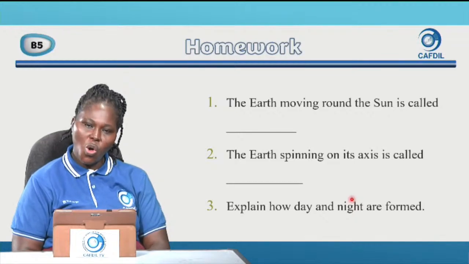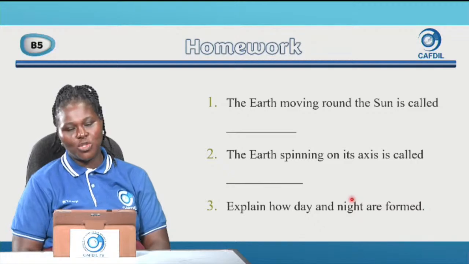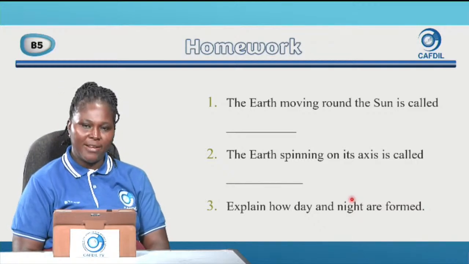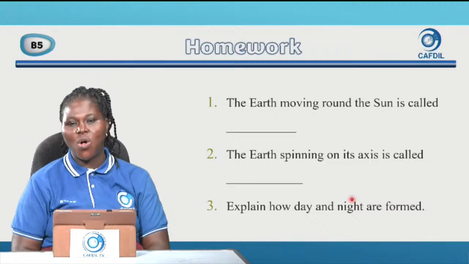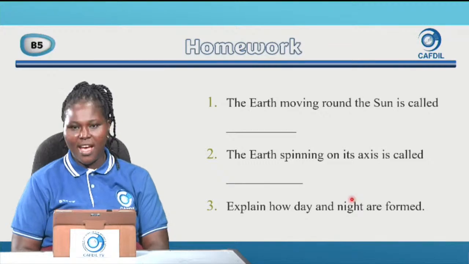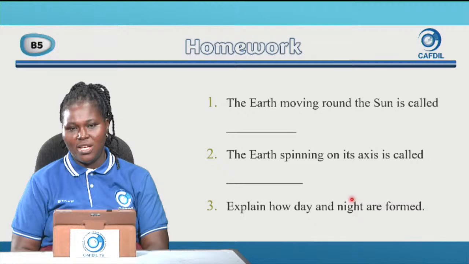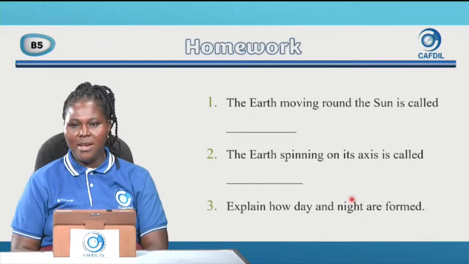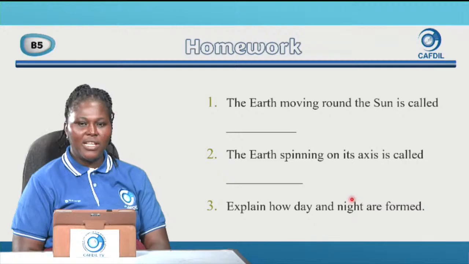Now, before we go, let's look at the homework on this topic. Homework number 1. The earth moving round the sun is called dash. Number 2, the earth spinning on its axis is called dash.